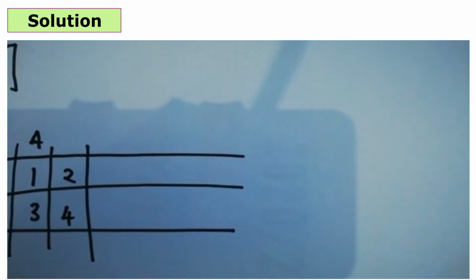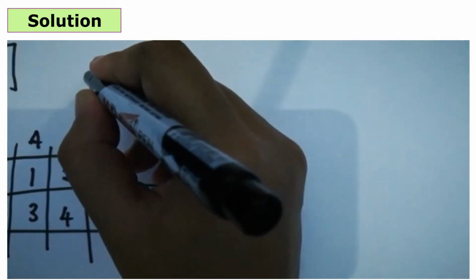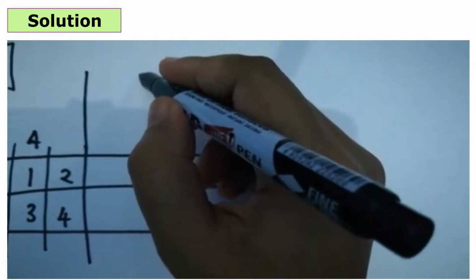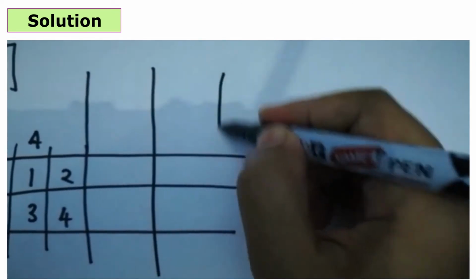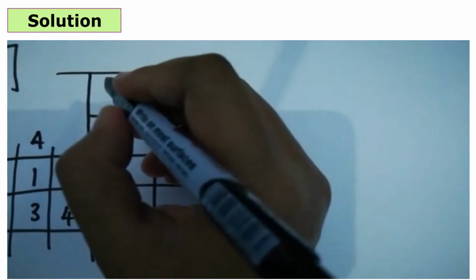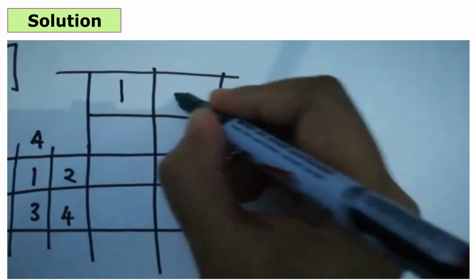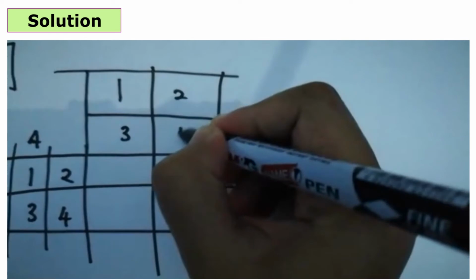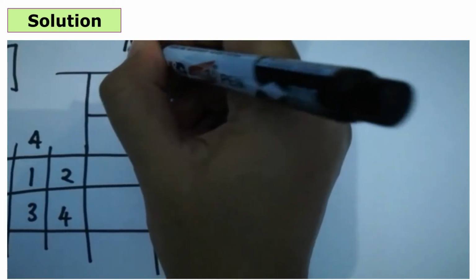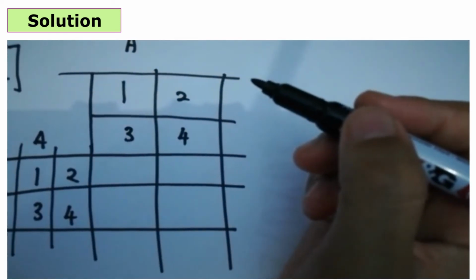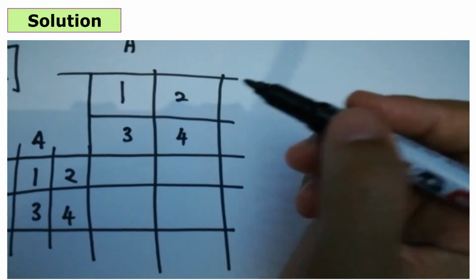Then we put another matrix A at the top, so the elements are also 1, 2, 3, 4.